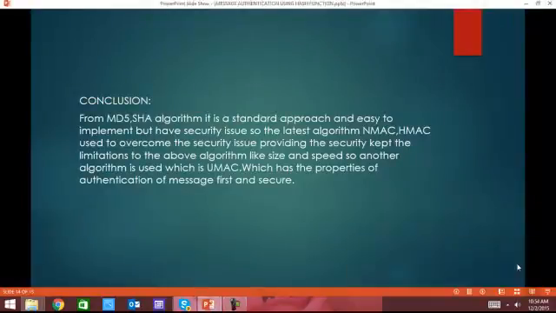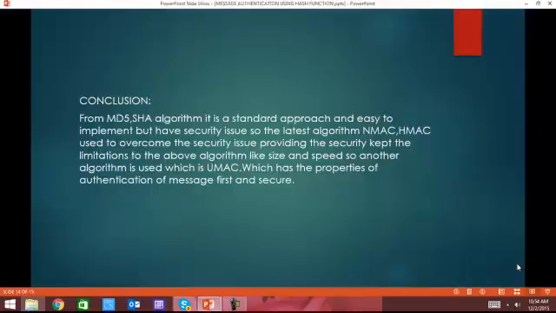Thank you. Conclusion. As discussed in the previous slides, the MD5 and SHA algorithms are a standard approach and easy to implement, but have security issues. So the latest algorithms, NMAC and HMAC, are used to overcome the security issue. While providing security, they kept limitations like size and speed.